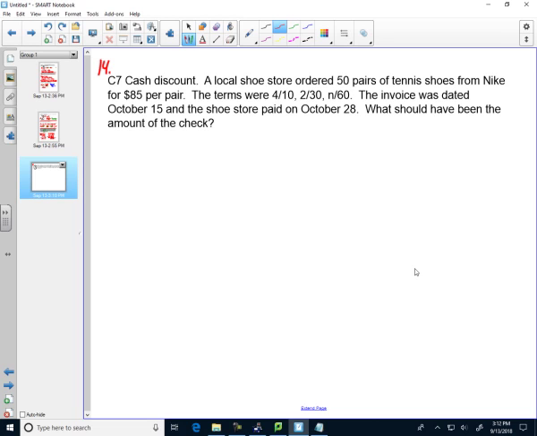All right. Local shoe store ordered 50 pairs of tennis shoes from Nike for $85 a pair. Terms were 4/10, 2/20, net 60. Invoice was dated October 15th. Shoe store paid on October 28th. What should have been the amount of the check? First thing we have to do is what?